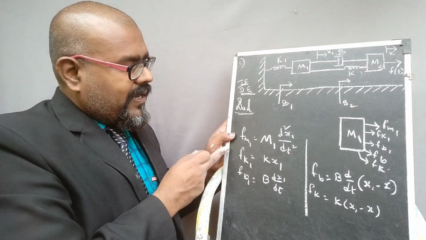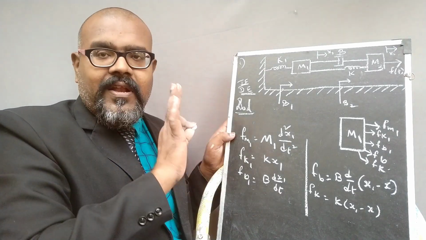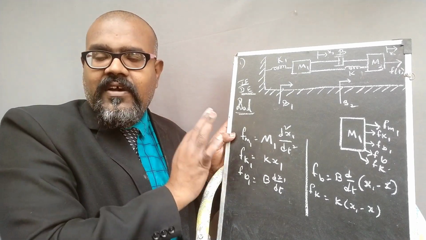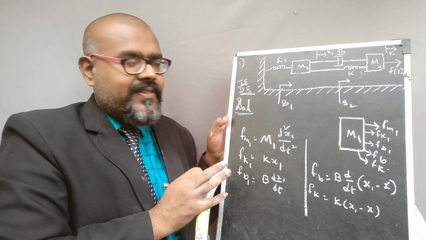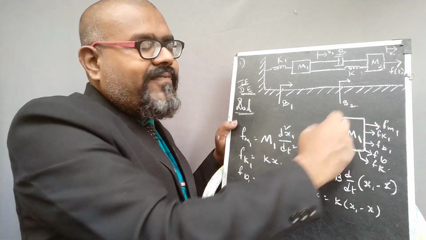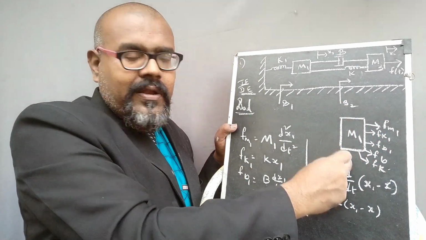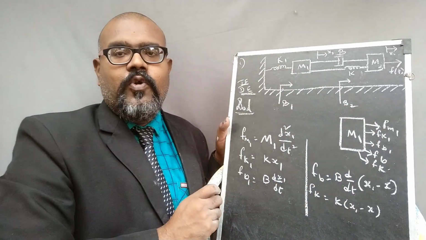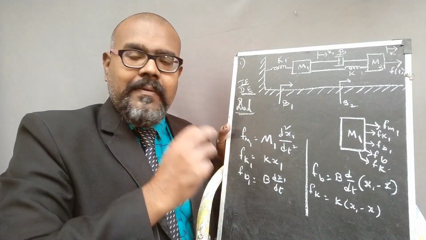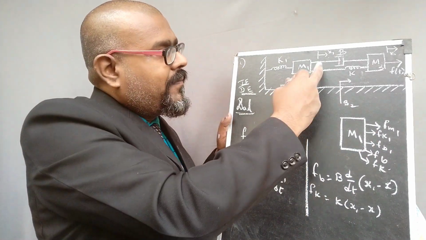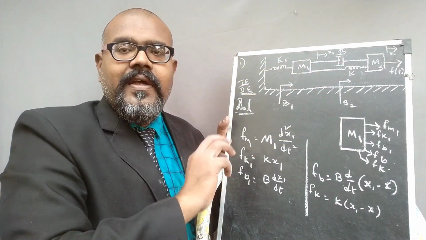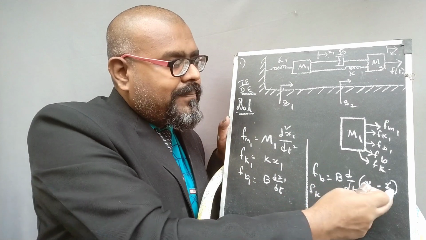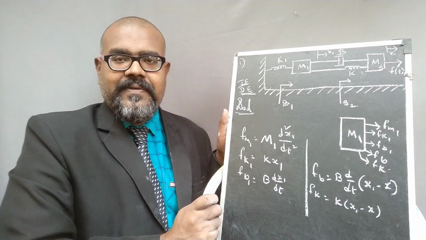For Fm1, you have the formulas; in the previous video we saw the formulas for Fm, Fk and Fb. Once we frame the free body diagram of mass M1, it is very comfortable to note. The only thing you need to remember is, if a particular element is attached to both systems, then we subtract the displacements for that element.